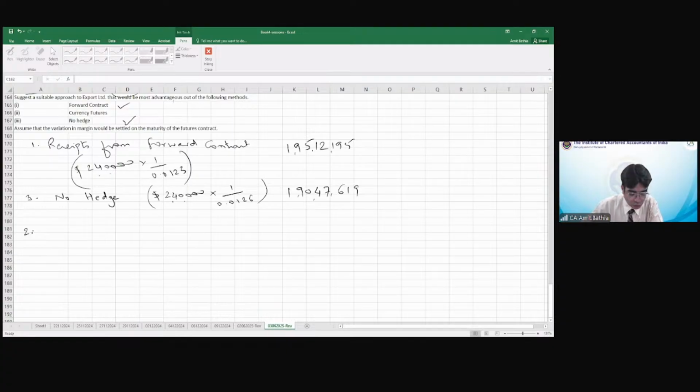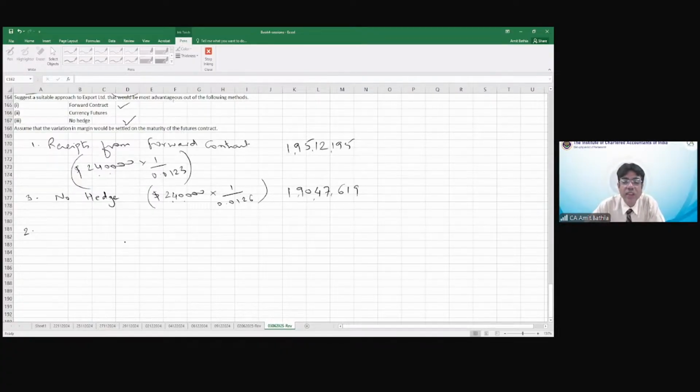Now we talk about currency futures. For currency futures, first and foremost, I will need to see how many contracts I will need, because you have a contract size over here. What is the contract size? 6,40,000. Okay.